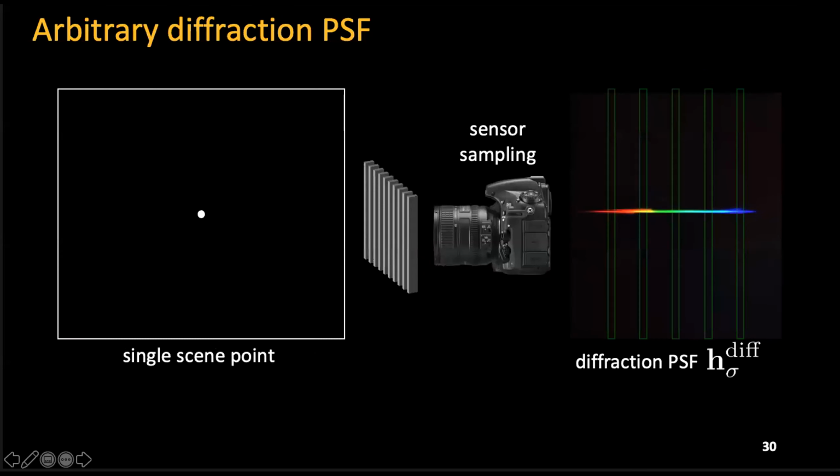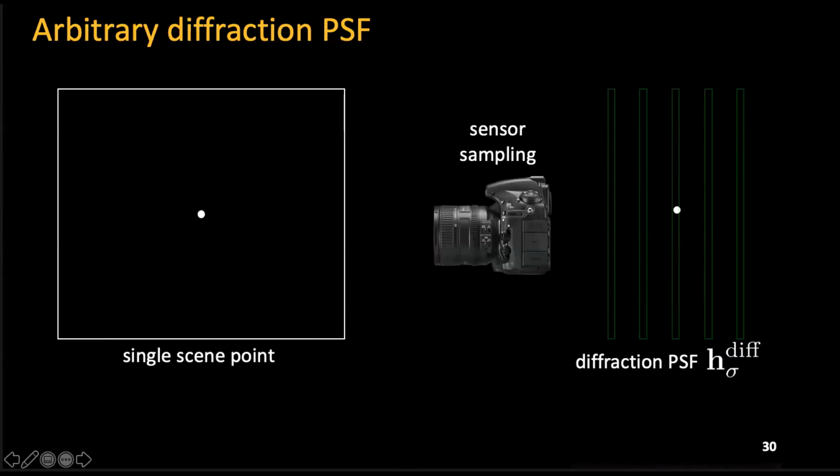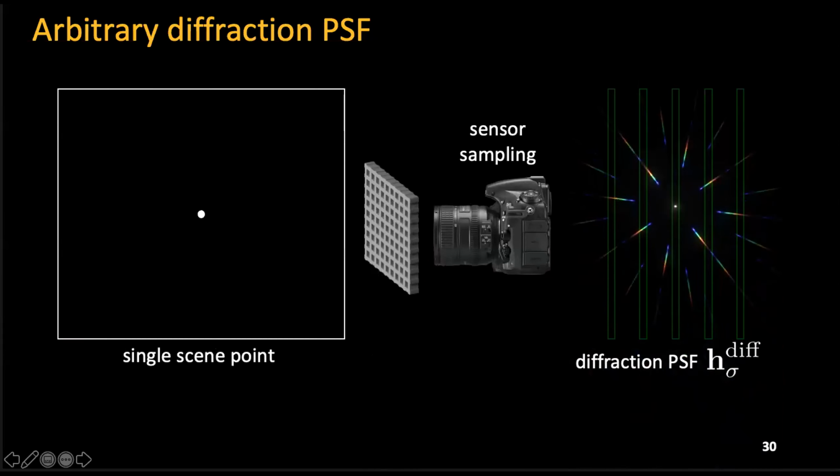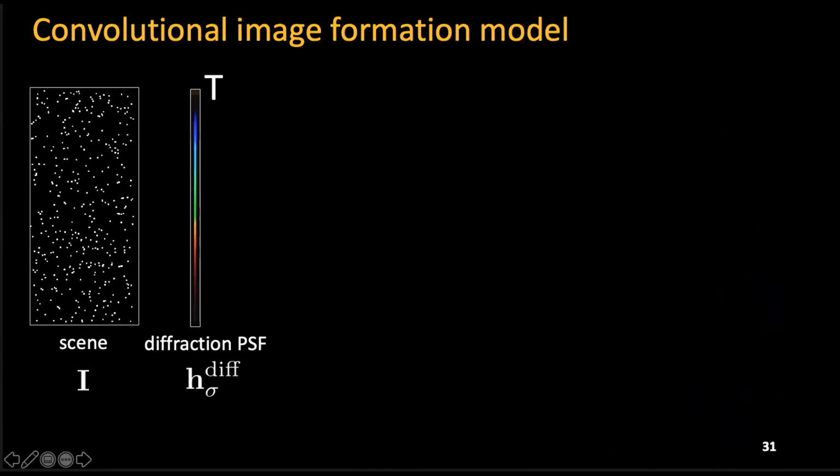And so another thing that we did was, instead of just having a diffraction grating with just a spread in one direction, you could create an arbitrary diffraction grating. So you can buy your favorite star filter and you can put it in front of your camera, right? And then what it does is that you create a convolution of the original unknown image with this known point spread function, right?